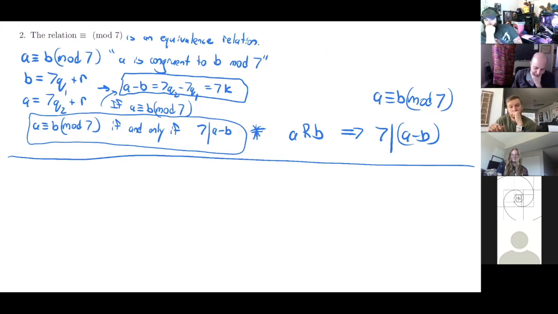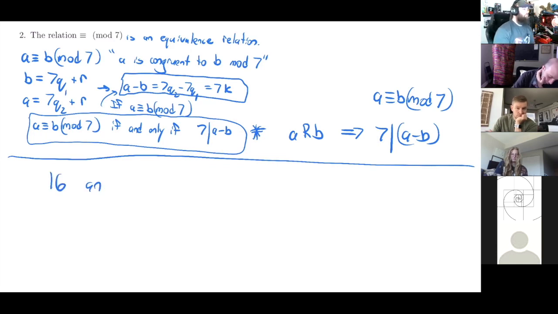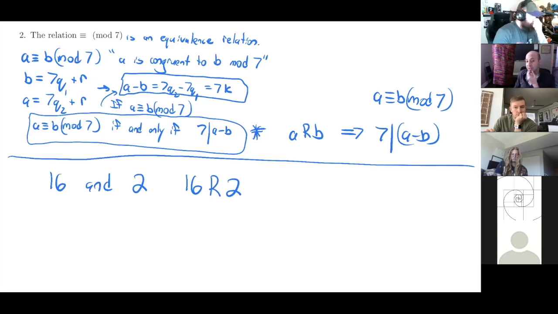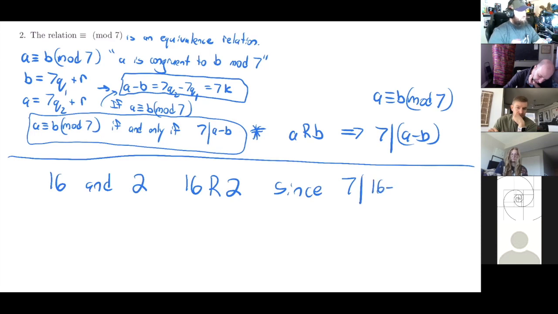Okay. So for example, we could have something like 16 and 2. 16 is related to 2 by this mod 7 relation, since 7 divides 16 minus 2, which is 14.